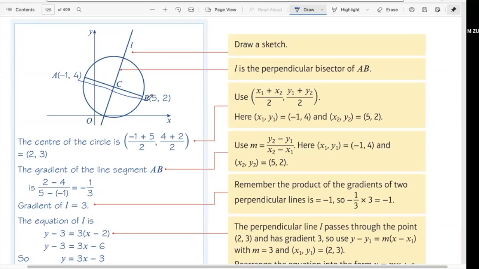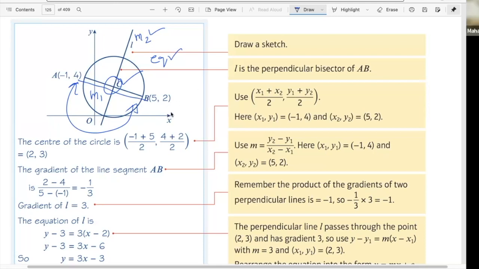We have AB, we can find gradient M1. By using M1, we can find M2. And then using A, B, we can find the midpoint, which is C. So we have the point, we have the gradient. That means we can find the equation. Is this section clear?